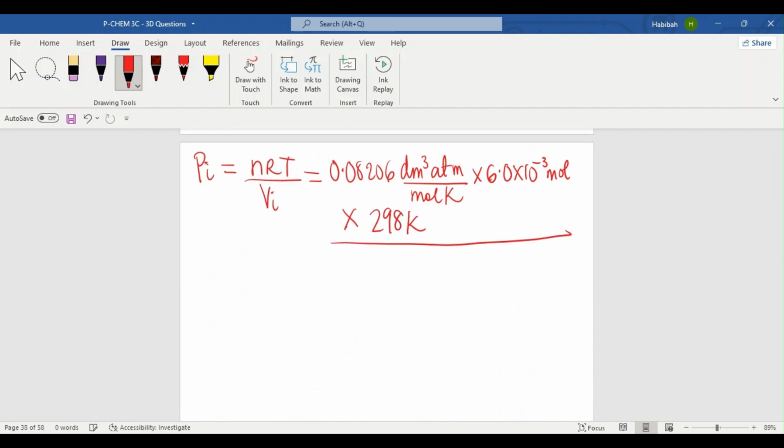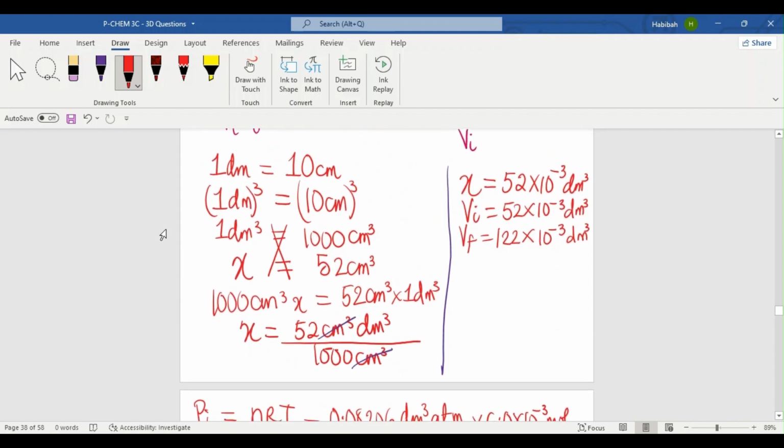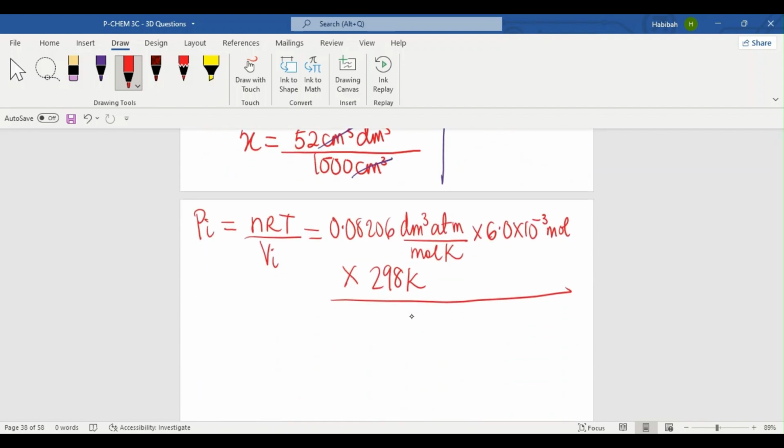Divided by the V initial, which we just converted. That would be 52 times 10 raised to the power negative 3 dm cubed. Of course, we cancel out dm cube, Kelvin, and mole. We have 6.0 times 10 raised to the power negative 3, and we cancel out the 10 raised to the power negative 3.